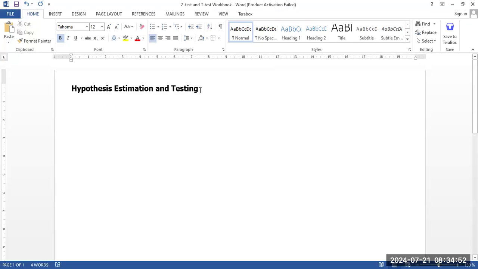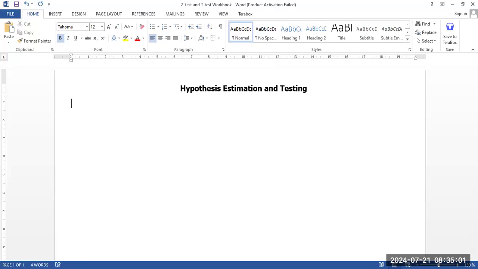For today, our main focus is on how you can actually use Z-test and T-test. That is our main focus for today.